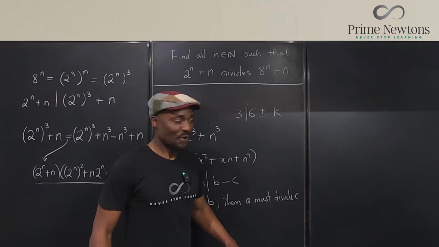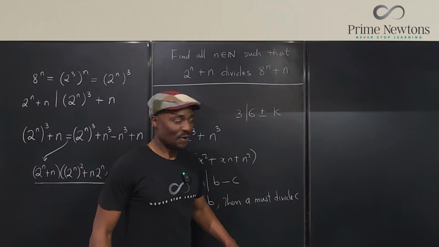Okay? So, if 2 to the n plus n divides the right-hand side, then 2 to the n plus n must divide n times n squared minus 1.